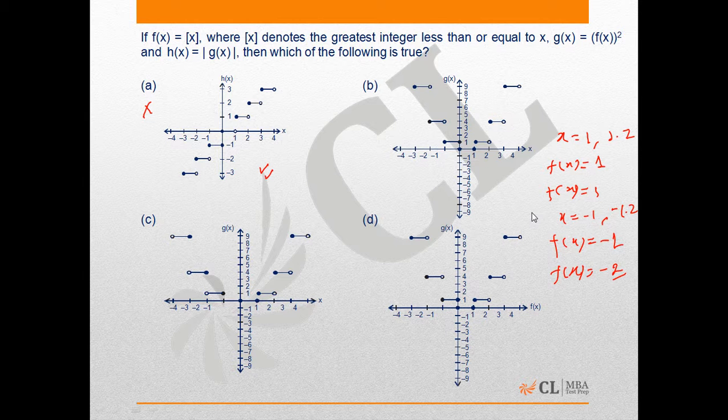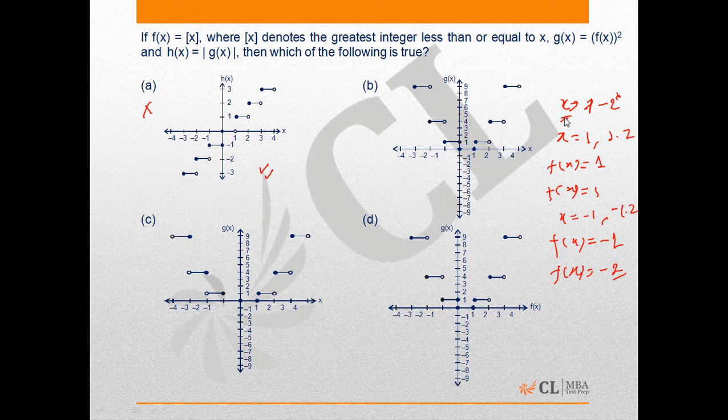Now coming to option B, which is a graph between x and g of x. So we just need to check whether whatever is given in the graph holds true or not. As per the graph, when x lies between 1 and 2 excluding 2, the value of g of x is 1.